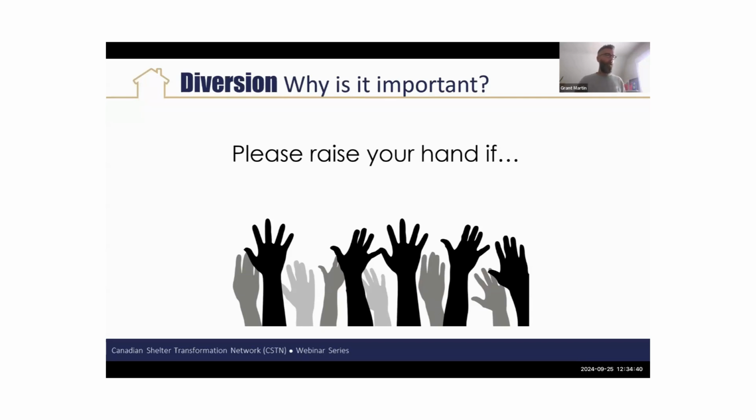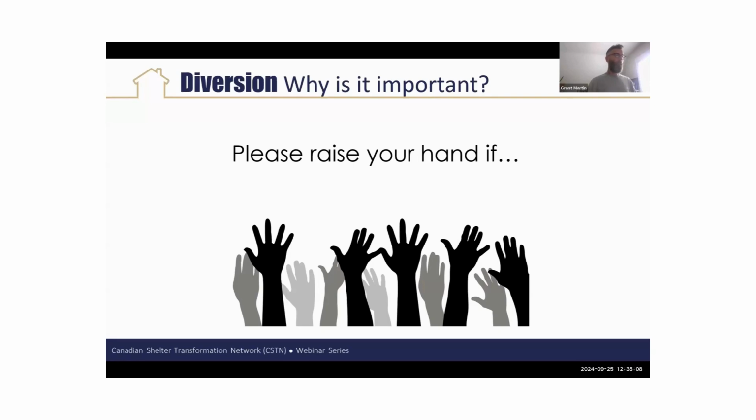So just to clarify, despite our best efforts, this means the more often and the longer someone is involved with our system of care, the worse their outcomes will be. So this is why it's really critical for their well-being to either never know us or know us as briefly as possible. And so staff in shelter can then focus more intensely with those that have to be in shelter to assist them with their own rehousing.